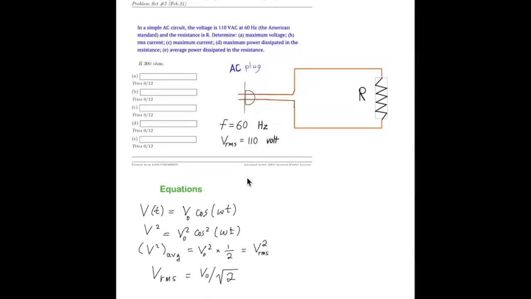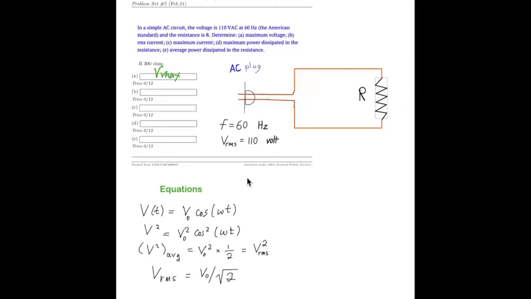The first question is, what's the maximum voltage? So here you want Vmax. Vmax is just the square root of 2 times the RMS voltage.